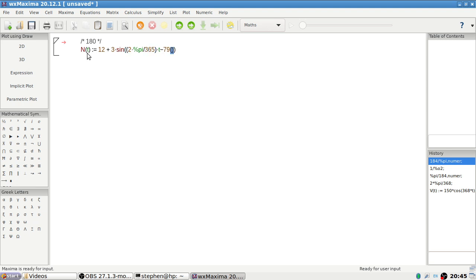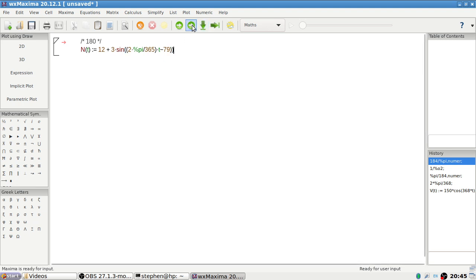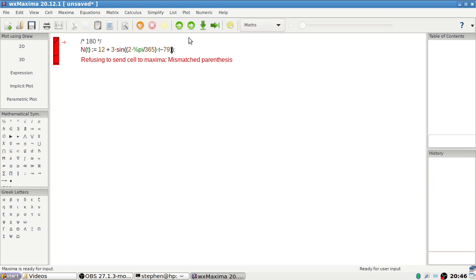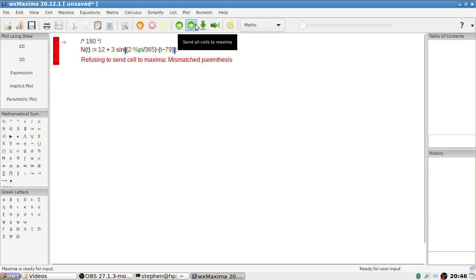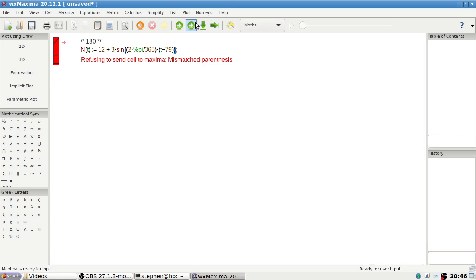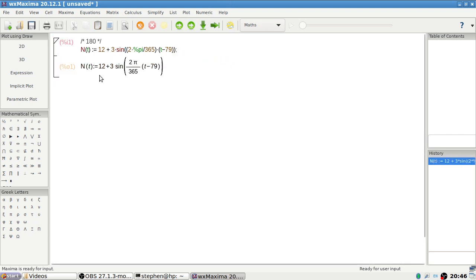And those brackets have been messed up now. Okay, let's see if that looks right. Right, N(t) is 12 plus 3 sine 2 pi over 365, t minus 79.